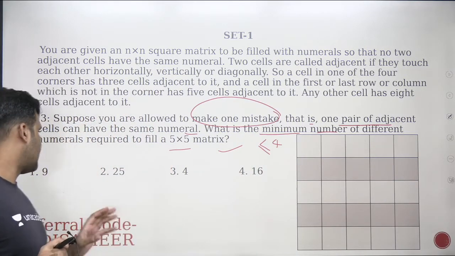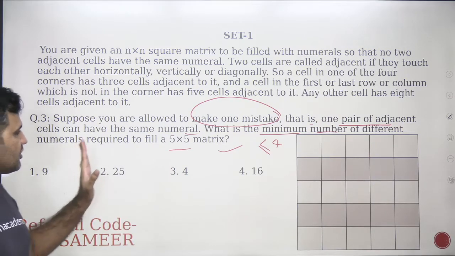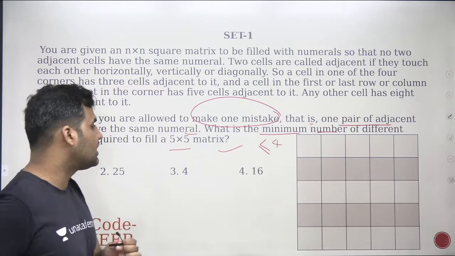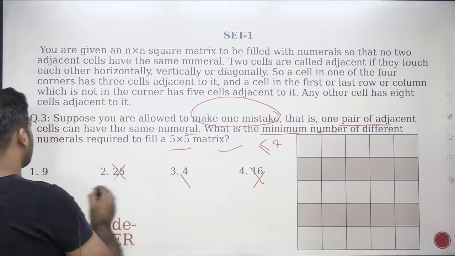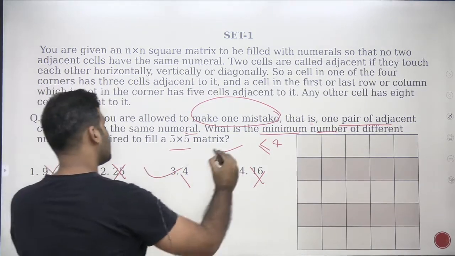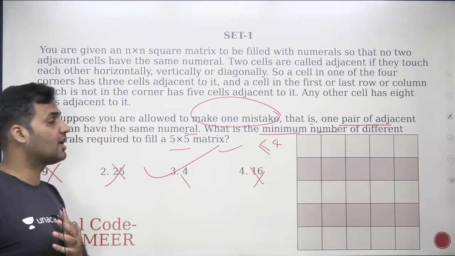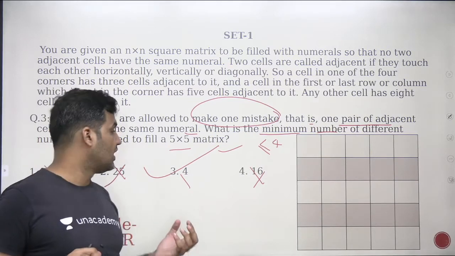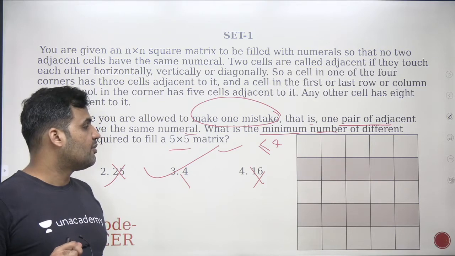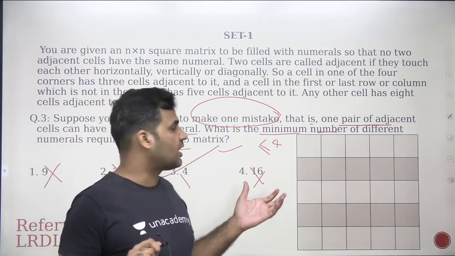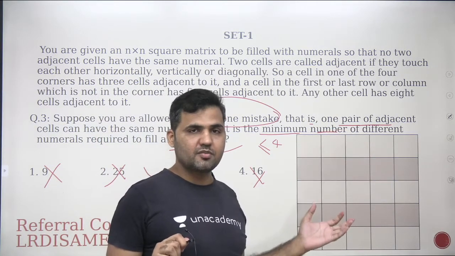Look at option number 1, option number 2, and option number 4. All these options are straight away eliminated. Straight away you can say the answer cannot be more than 4. The only option left is 3. Why can the answer not be more than 4? Because without committing a mistake, I was using 4 digits as the minimum number of digits.